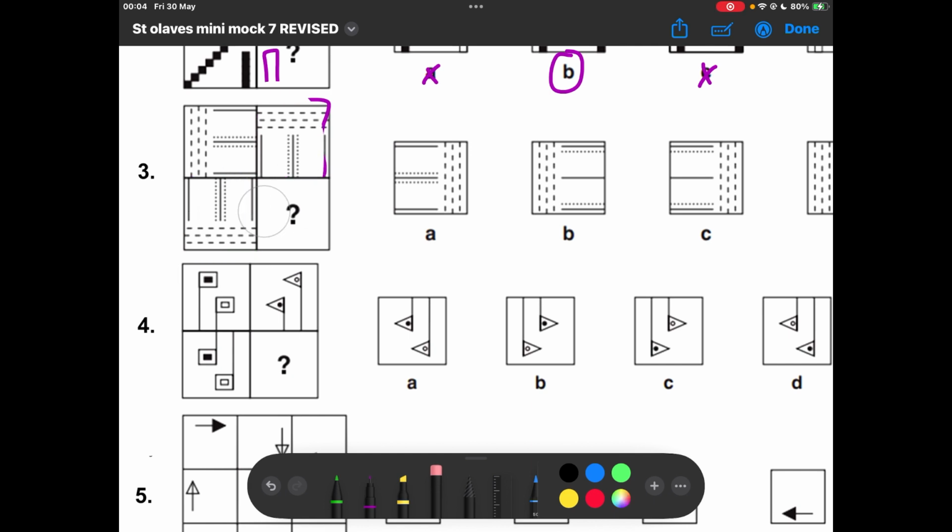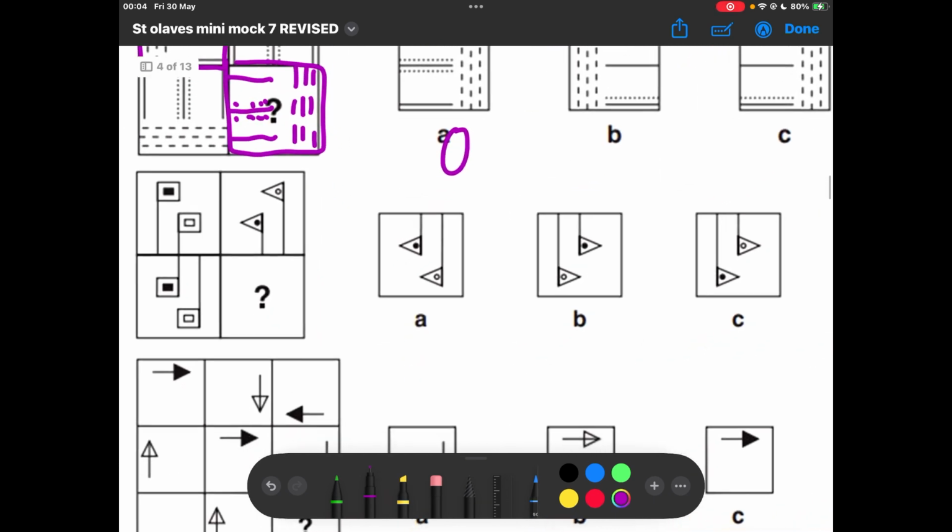So that means we're going to do the same for this one. So rotate that 180 degrees. The lines will be here, and then these dashed lines will be here. Leaving us with the answer, which is A. A is what I have drawn.